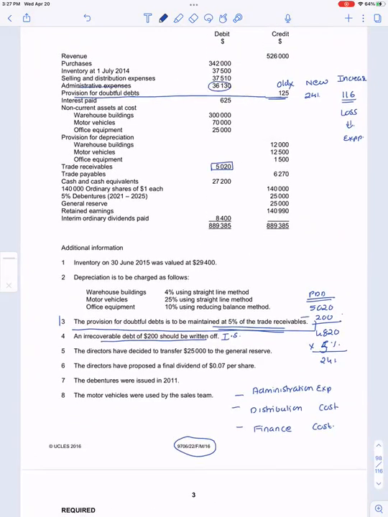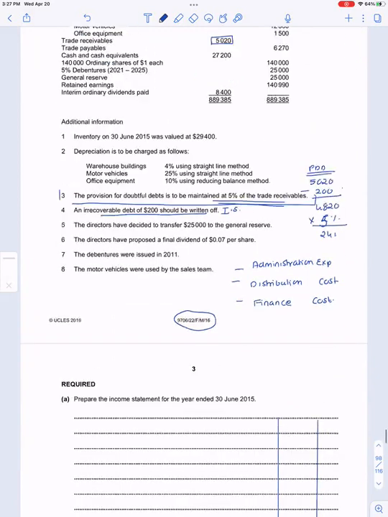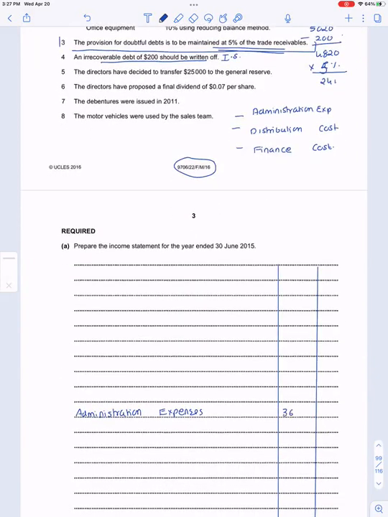Now this is done, so I'm striking it off. Then there is increase in provision for doubtful debts. This all is part of administration expenses, okay?